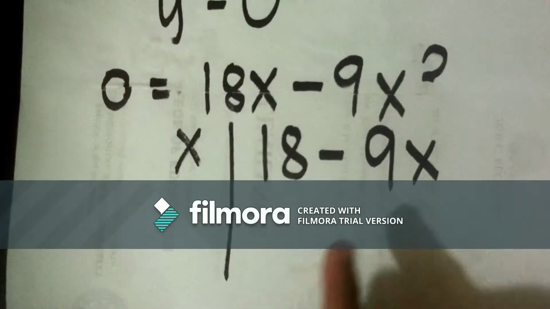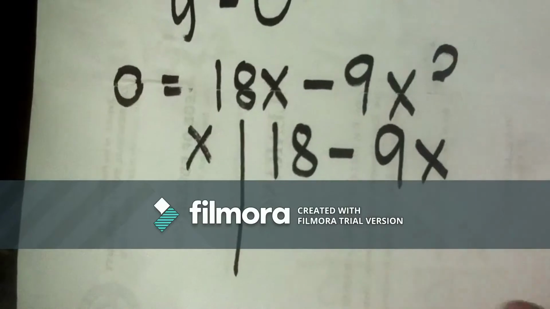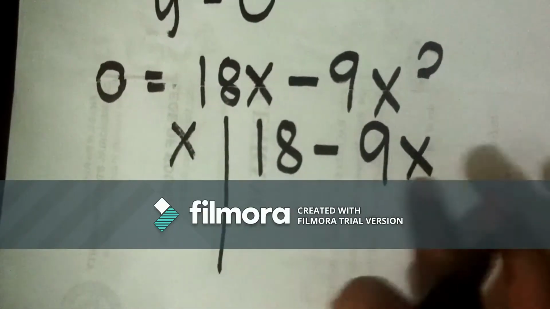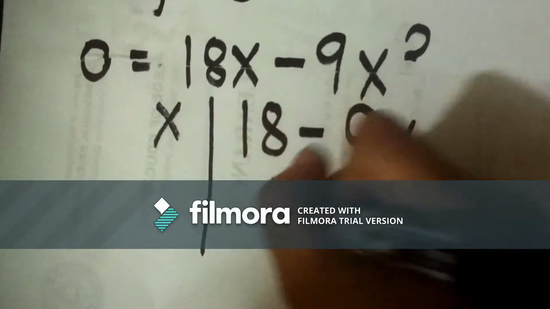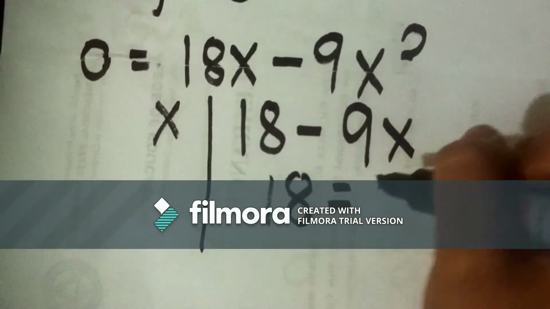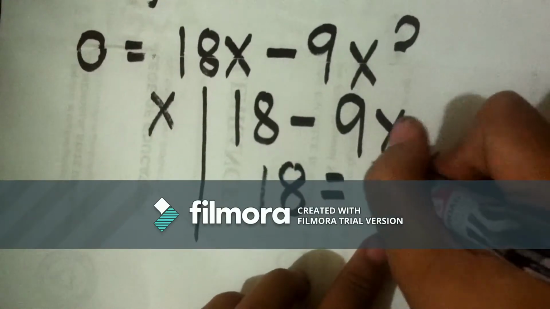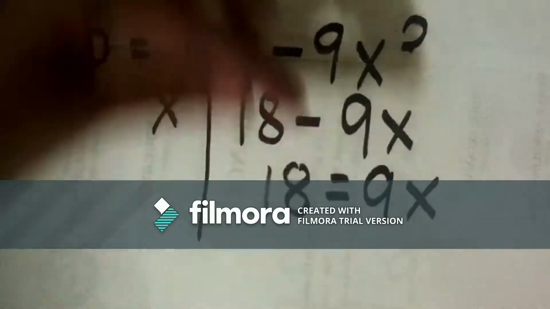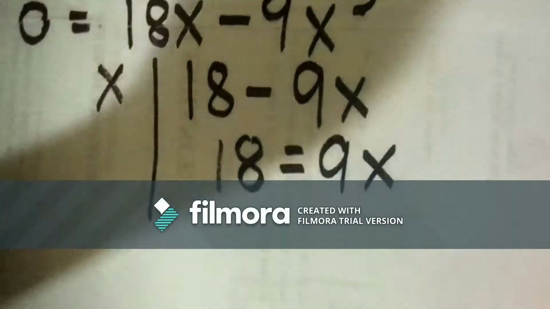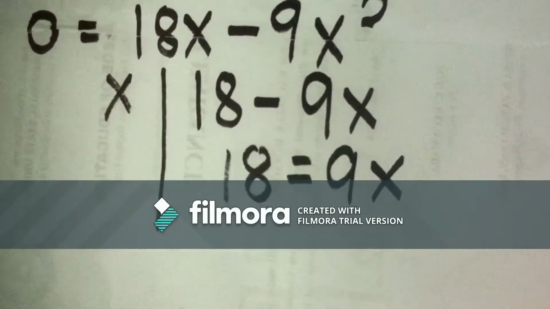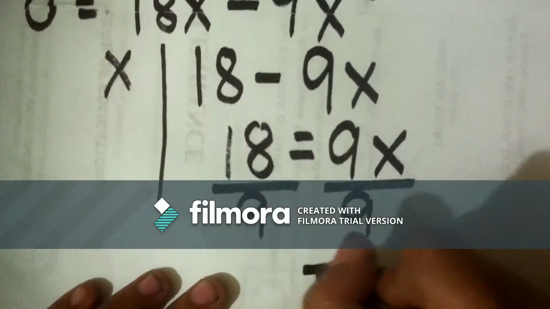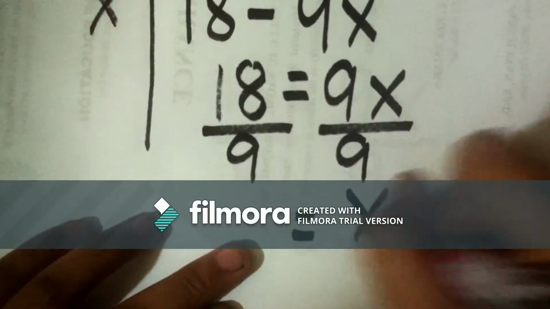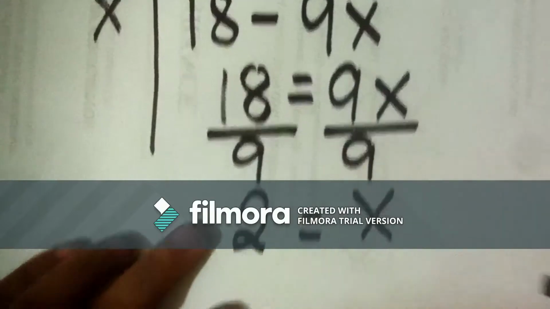In order to do that, we are going to transfer any of these numbers to the other side of the equation. So in here, 18 is equal to 9x. Since it is negative 9x, if you transfer it to the other side, it will become positive. So all over 9, so x is equal to 2.